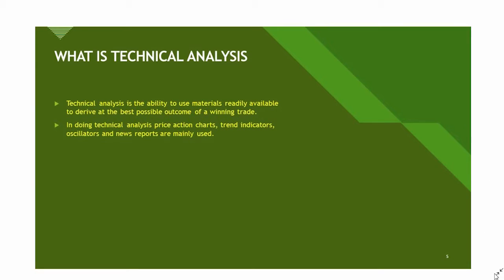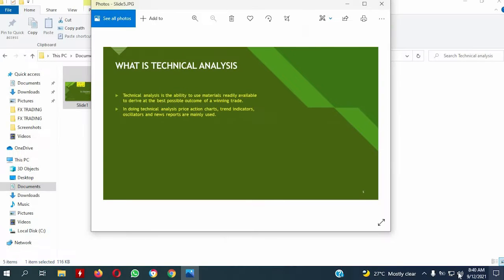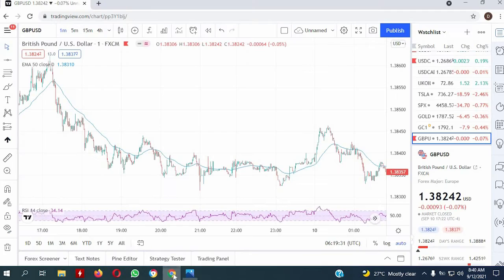Right, so let's head over to the chart. I am on TradingView, where most people do their analysis. I'll be using TradingView in order to teach this session. I'm on the Great Britain pound US dollar.